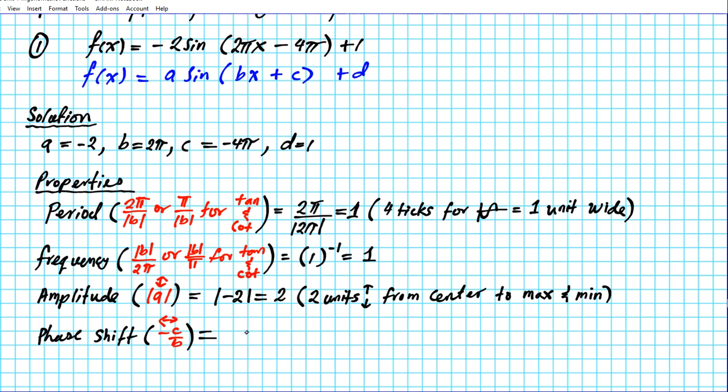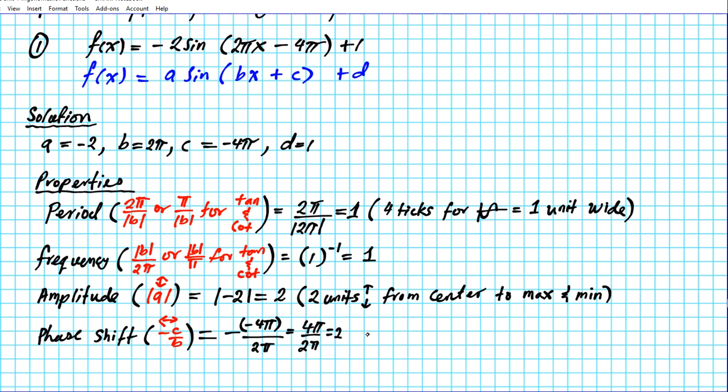All right, in this problem, negative c over b is going to be given by negative, minus 4 pi. So c is negative, so you want to be careful about that, divided by b, which is 2 pi. Now when you multiply the minuses, minus times minus is a plus. You have 4 pi over 2 pi. And when you divide it, the pi's cancel out. 2 goes into 4 twice.